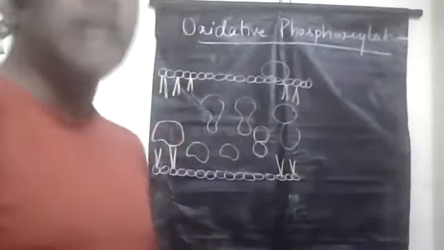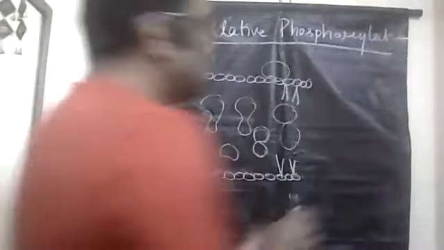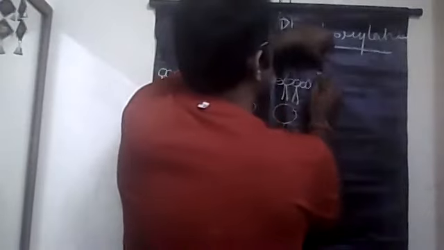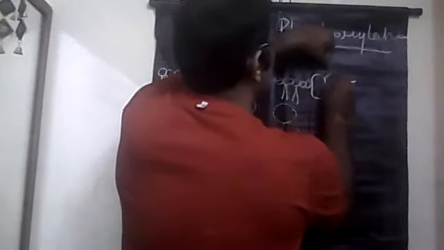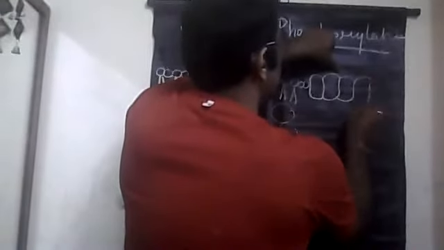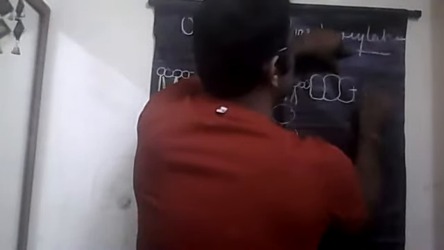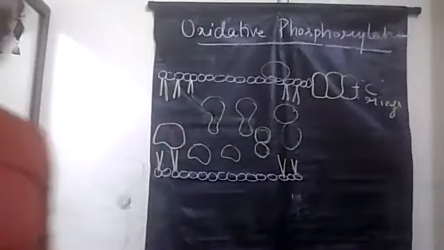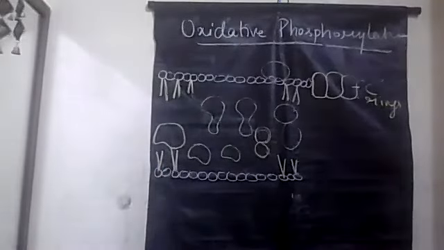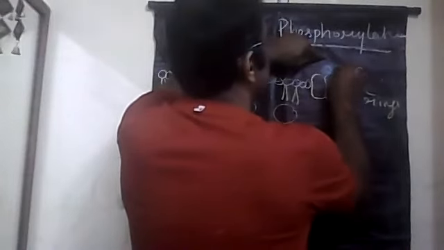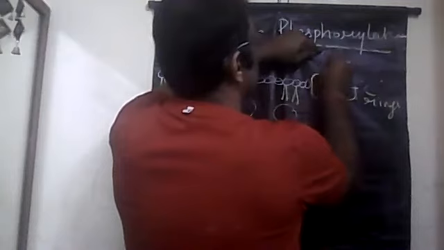Now we are going to draw the real ATP synthetase channel. All of you have to draw this. These are called C rings. Draw like this. I need labeling space, so I'll write it like this. This is called C ring. Above this will be the A1 protein. Draw like this. Draw 4 units.